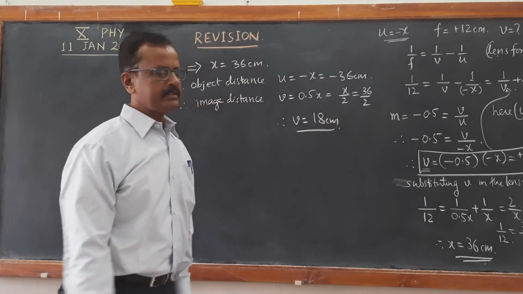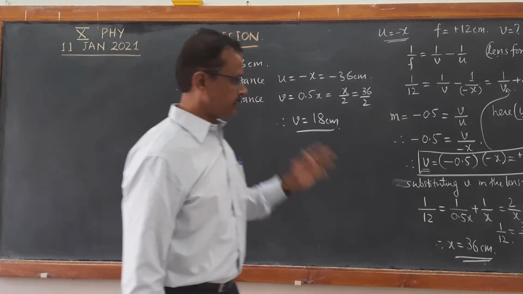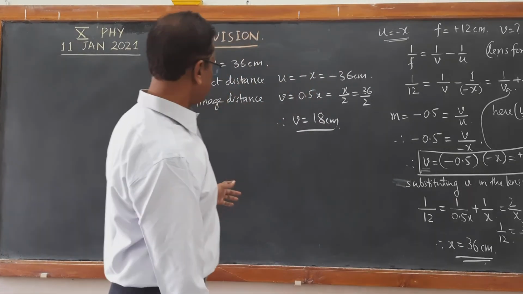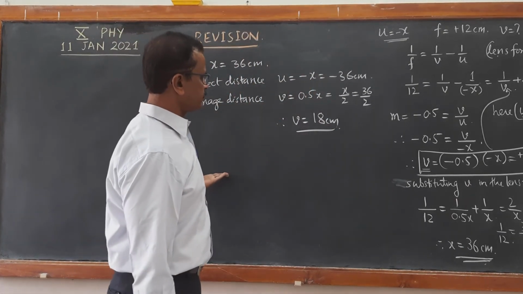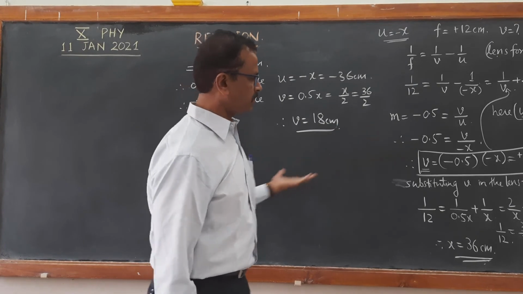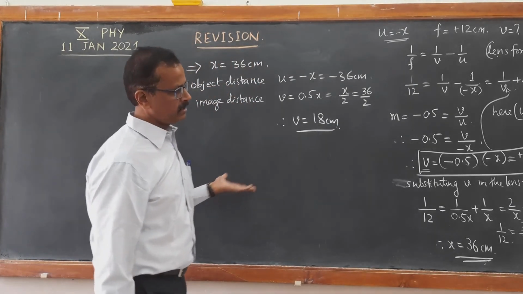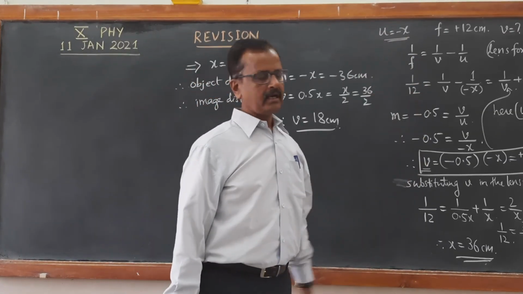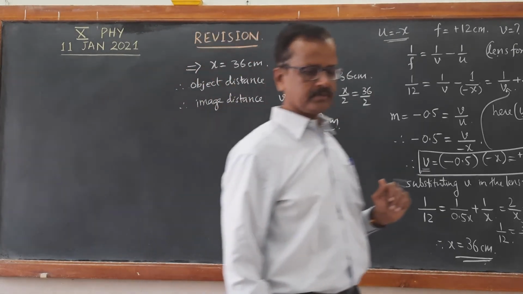So from the diagram you can see it very clearly now. When the object distance is minus 36 centimeter, the image is formed on the other side at a distance of 18 centimeter, which is clear from the diagram.